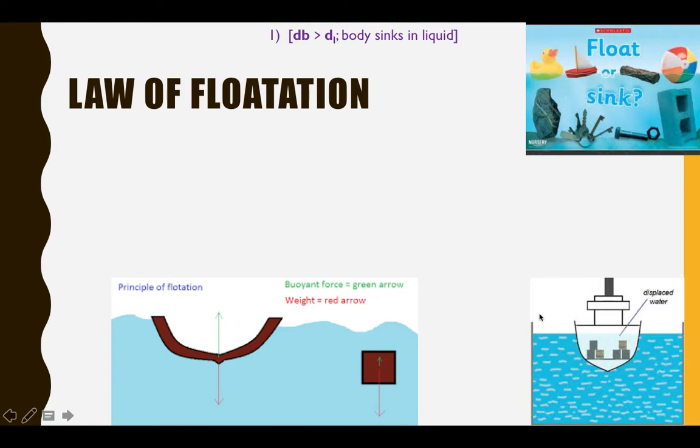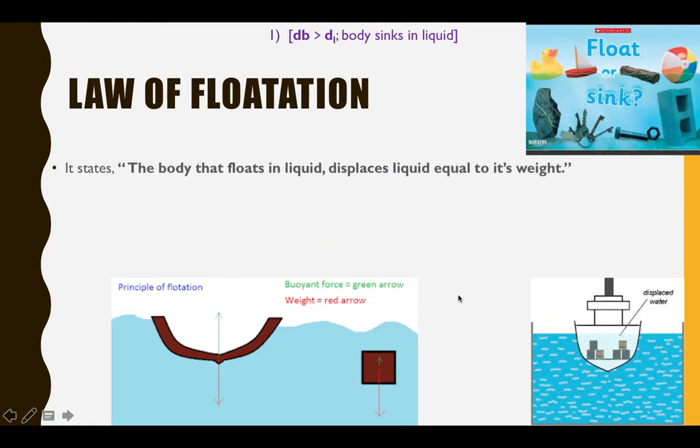The reason is that if the body can displace liquid equal to its weight, then that body can float in that liquid, no matter whether the body has higher density or lower density than the liquid. The condition is it has to displace liquid equal to its weight. If any body can displace liquid equal to its weight, that body can float.